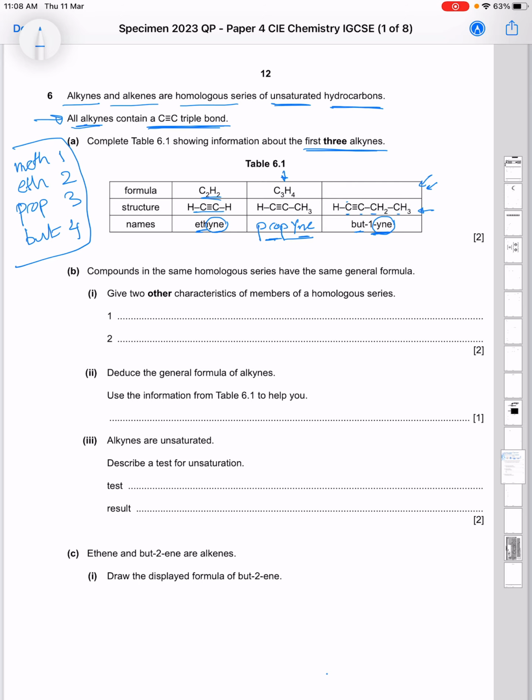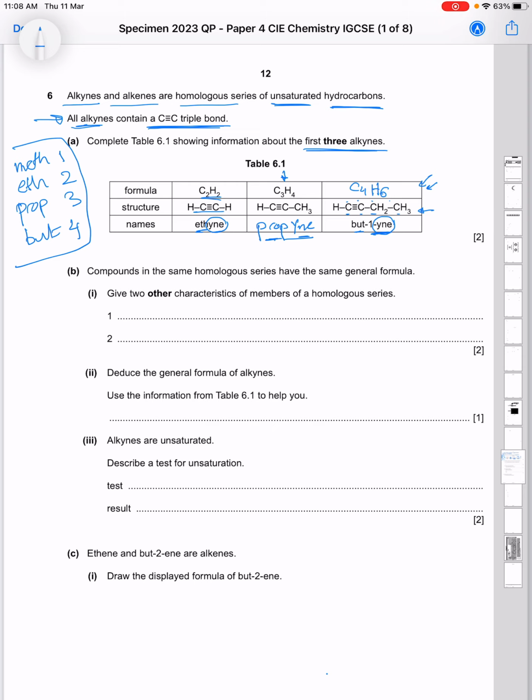We can just count the number of carbon, 4 carbon, and the number of hydrogen is 3, 4, 5, 6. So C4H6. I hope it was clear for this part.